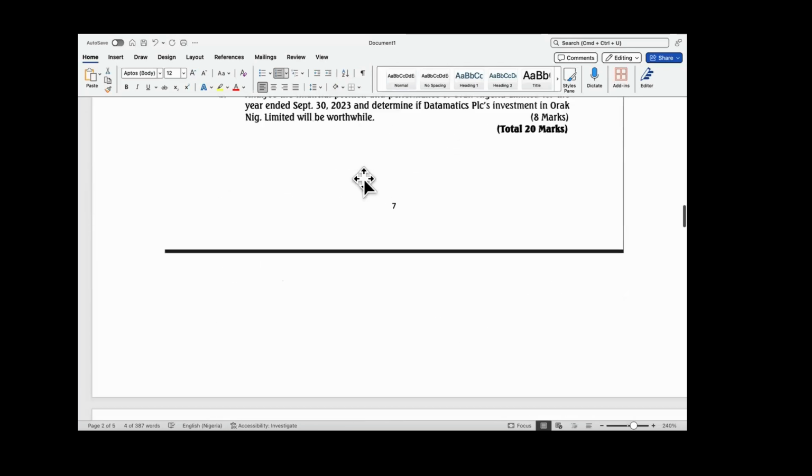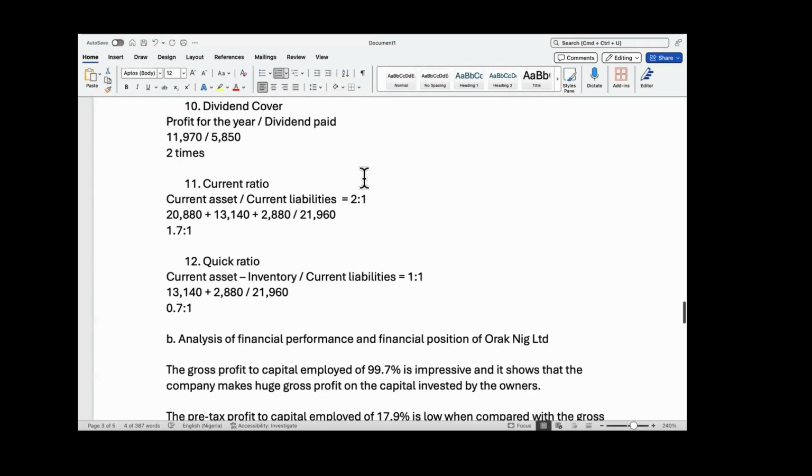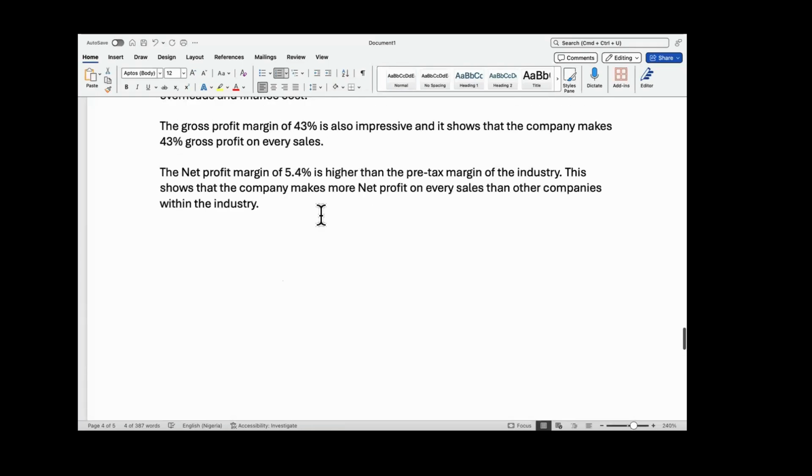So I will just do, this is 2.75 times. The non-current asset turnover of 2.75 times looks okay.